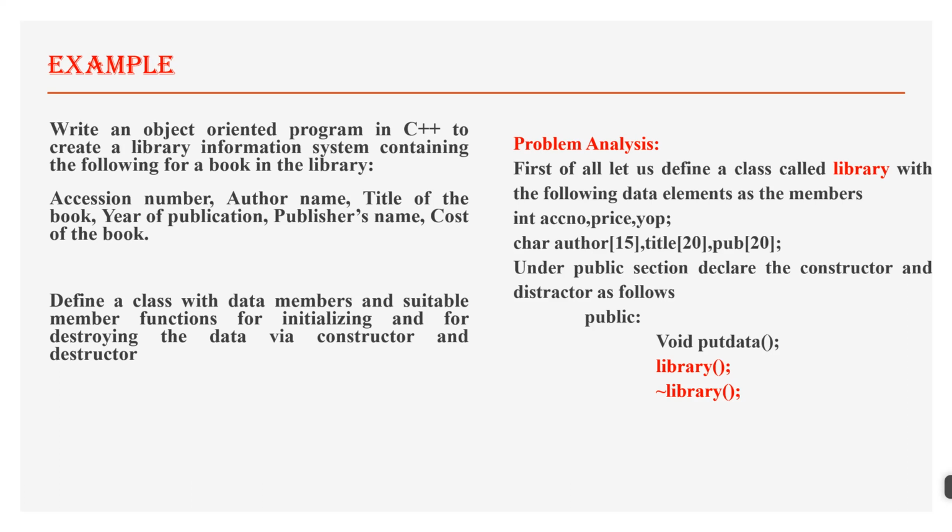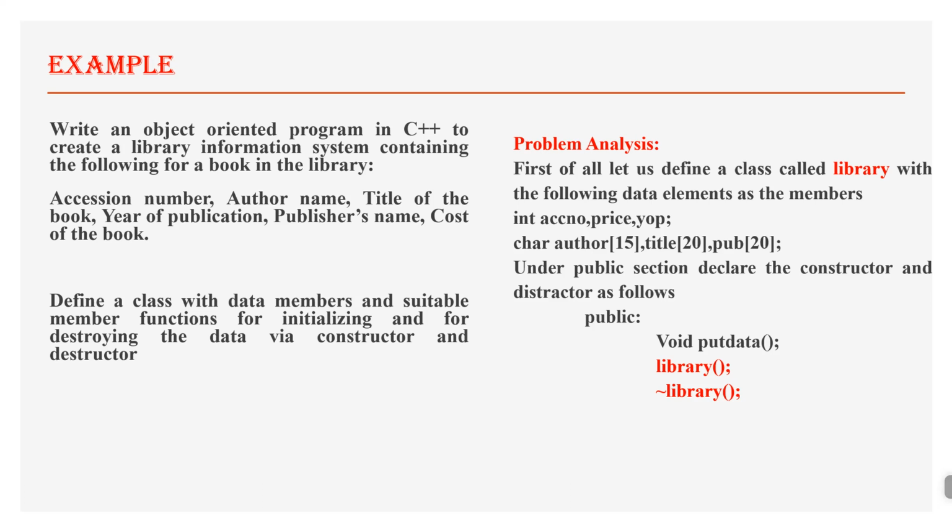Now let us work out a problem to explain the concept of constructors as well as destructors. Write an object oriented program in C++ to create a library information system containing the following book details, entered by using constructors as well as destructors.